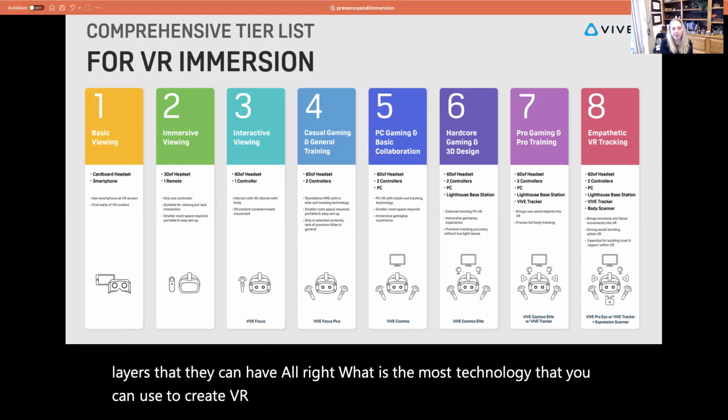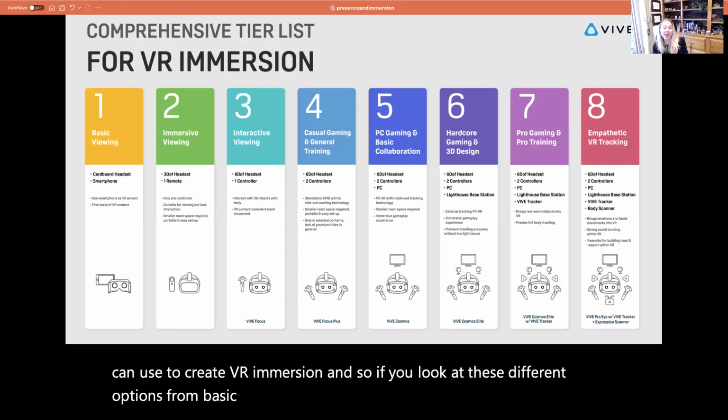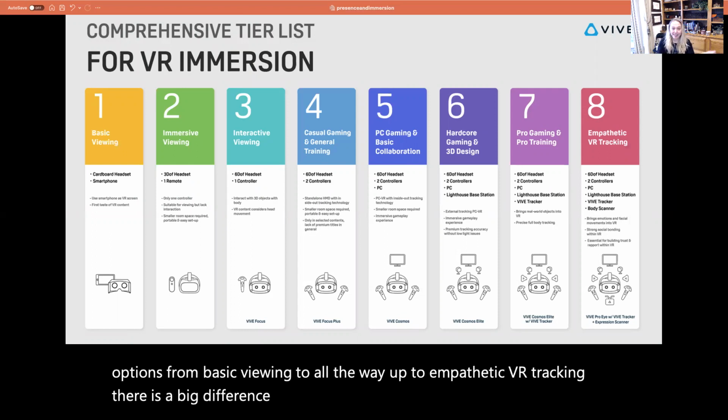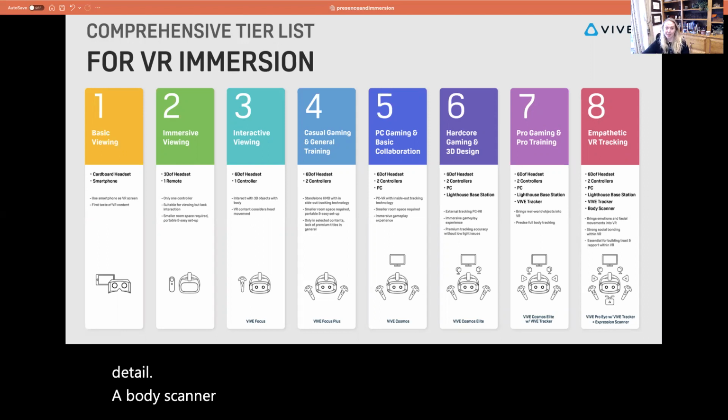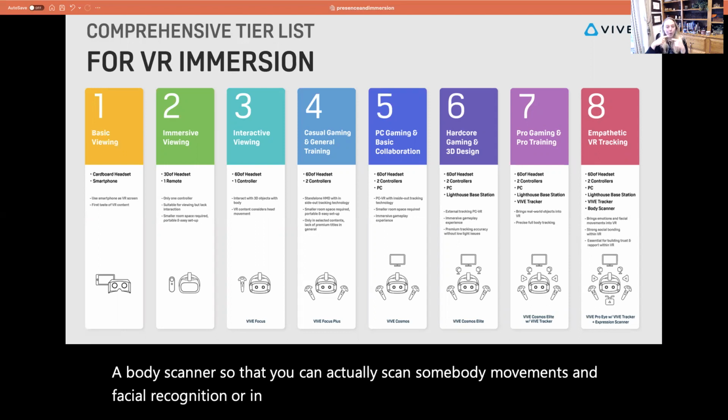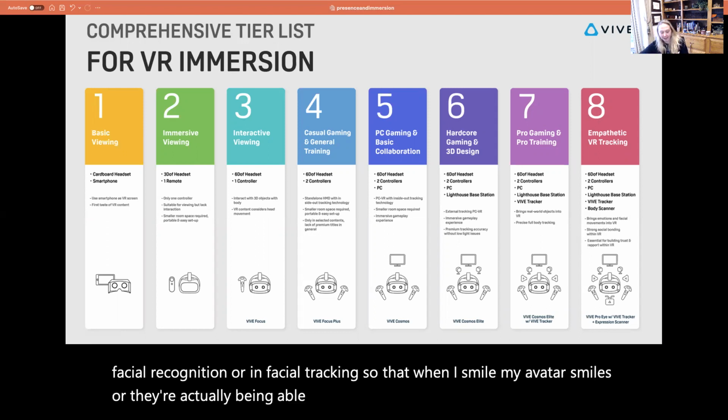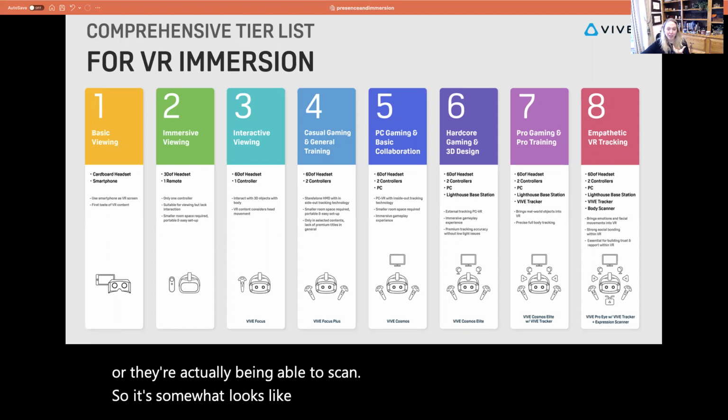And so if you look at these different options from basic viewing all the way up to empathetic VR tracking, there is a big difference between, say, a cardboard headset and your smartphone, and a headset that has the maximum amount of graphical detail, a body scanner so that you can actually scan somebody's movements, and facial tracking, so that when I smile, my avatar smiles, or being able to scan so it somewhat looks like me and not just a cartoon character of me.